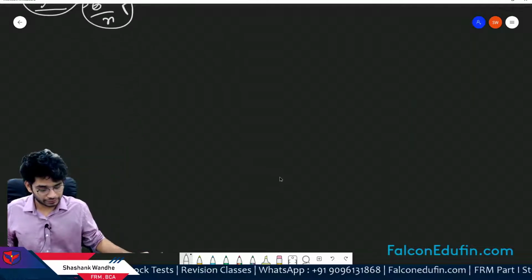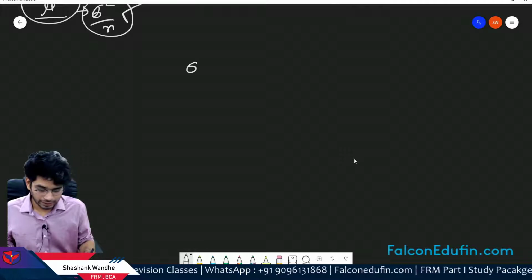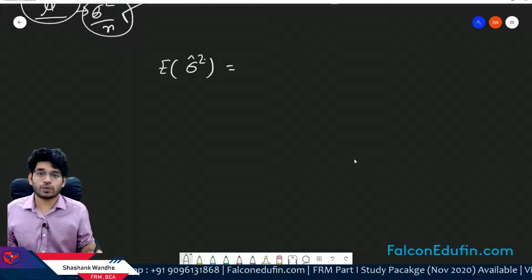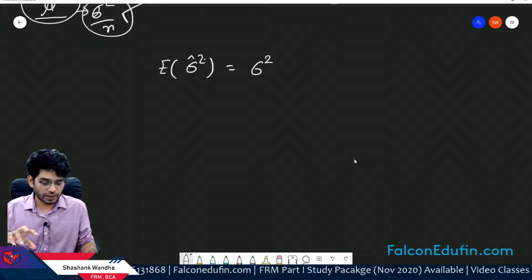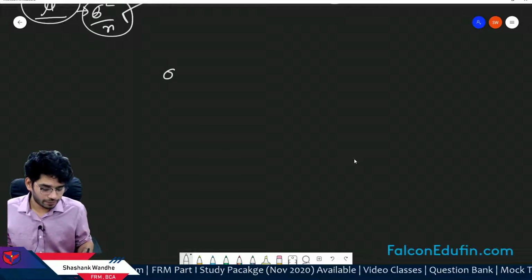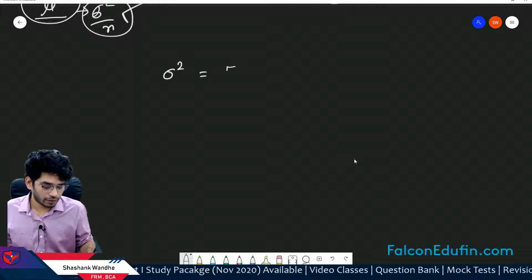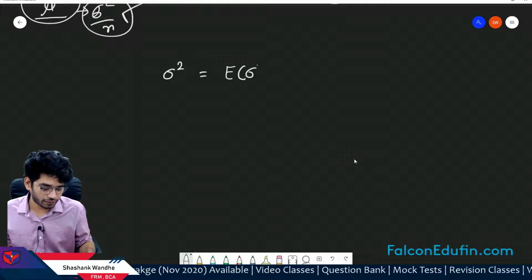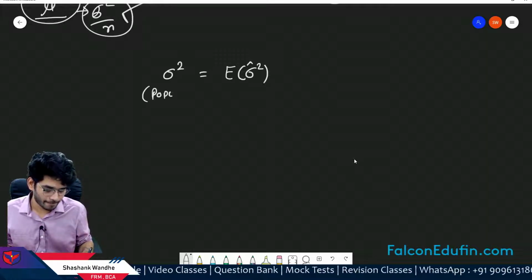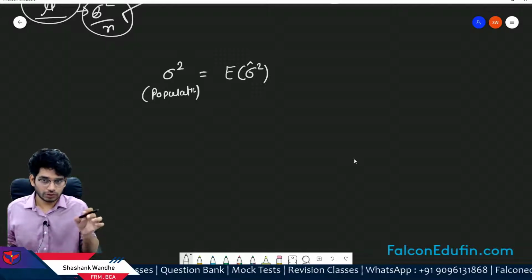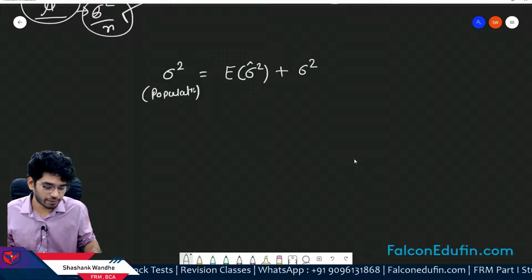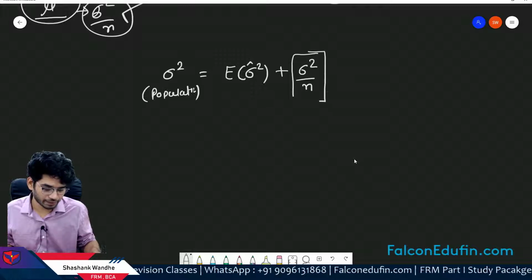Again I will repeat this. We know sigma square is equal to the expected value of your variance estimate, that is the variance of population, is equal to the expected value of the variance, and then there is a bias which we need to add, which is sigma square divided by n. This is your bias, right?